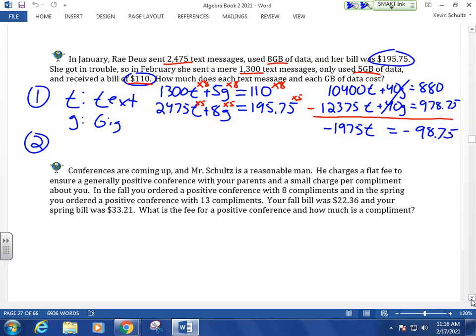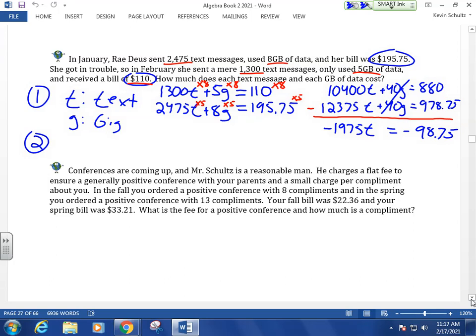So while some people might be catching up with the notes here, tell me why it wouldn't have mattered at the end of the day. Why wouldn't it have mattered if we had put our bottom equation up on top instead? Why would it still work out to get the same solution? Erica? Because both are negative. Right. And what happens, our last step here, right, is to divide. And what happens when you divide a negative with another negative?